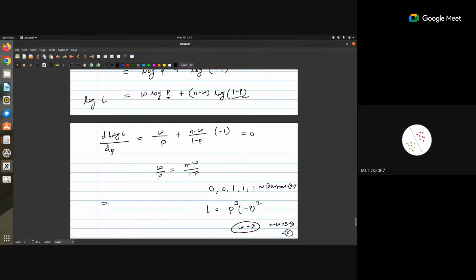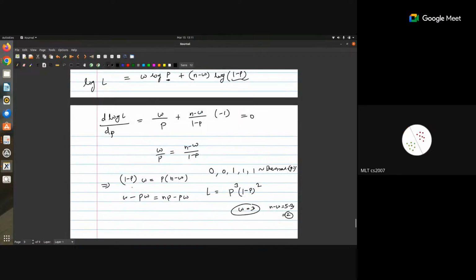So basically this will become W(1 minus p) equals p(n minus W). So W minus pW equals np minus pW. The pW will anyway cancel. So what is the p hat here? W upon n.